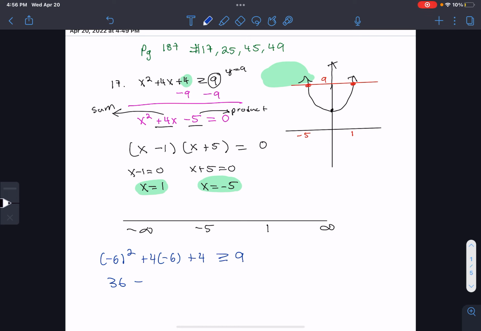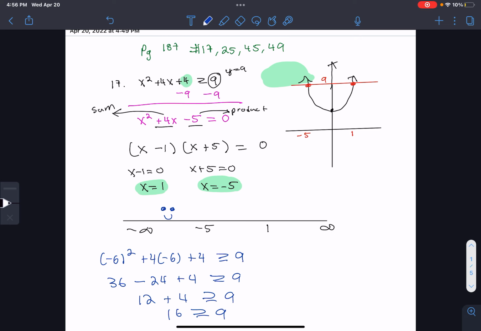So this is 36 minus 24 plus 4, which is 12 plus 4, which is 16. So the region from -infinity to -5 will be greater than 9, because when I picked a value in between these two sections, we saw that it was bigger than 9.